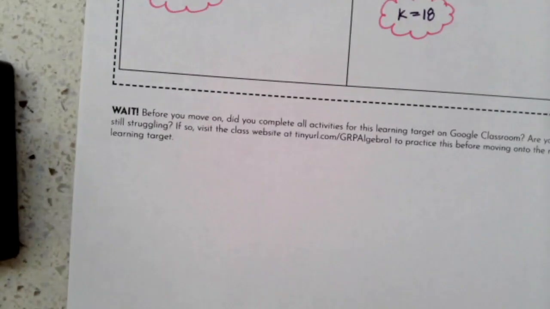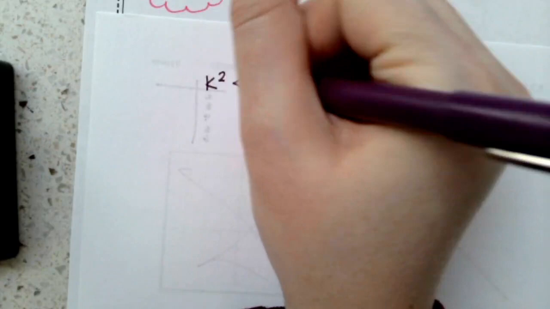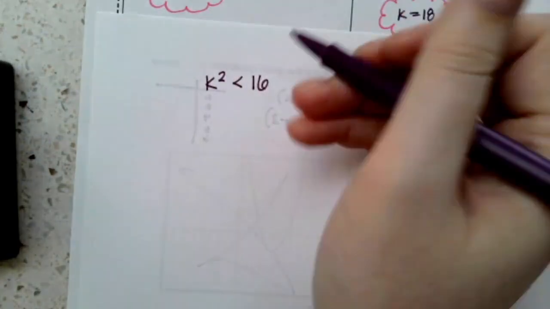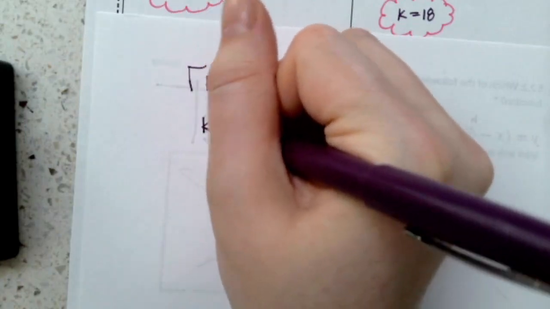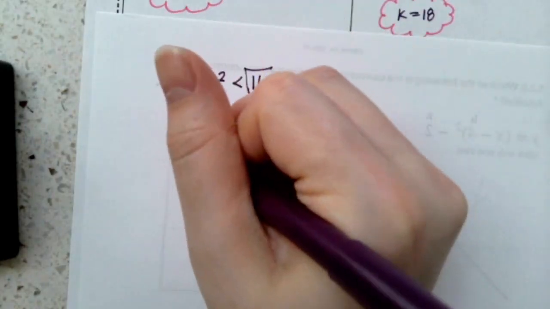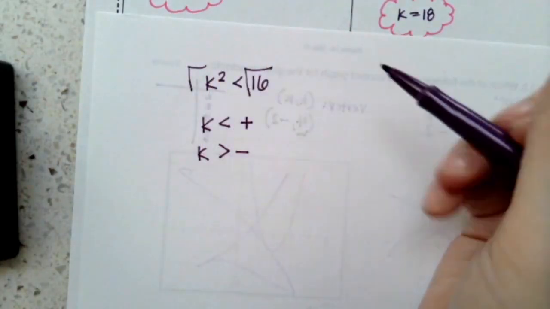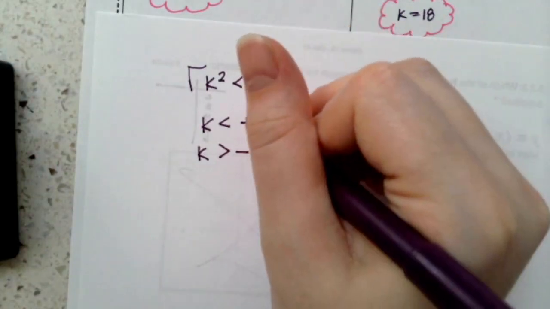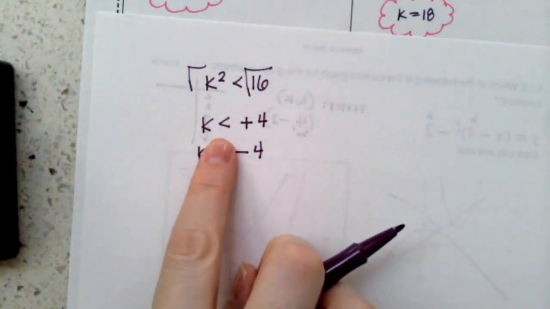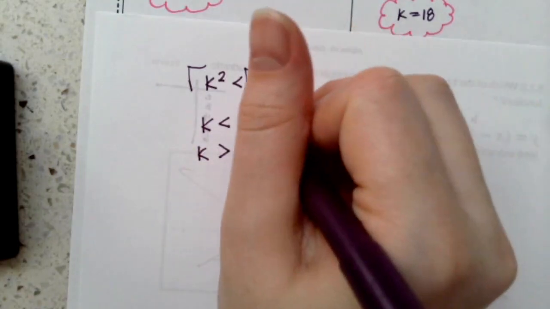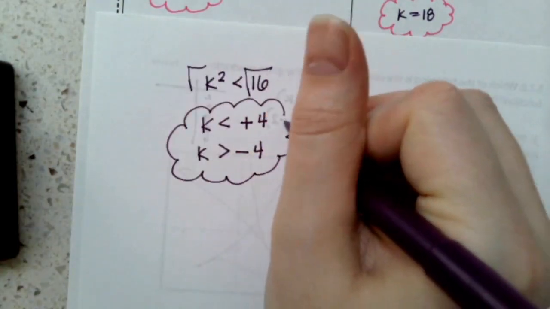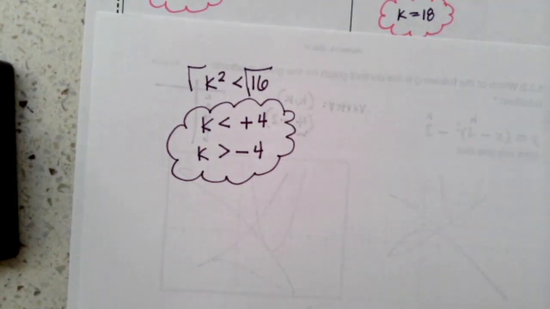If we had k squared is less than 16, and we had to square root both sides, you want to leave the sign the same for the positive and then flip it for the negative. So the square root of 16 is 4. So you would keep it as a less than for positive 4, but then flip it to a greater than for negative 4, and that would be your answer. So that's one important thing that you need to remember.